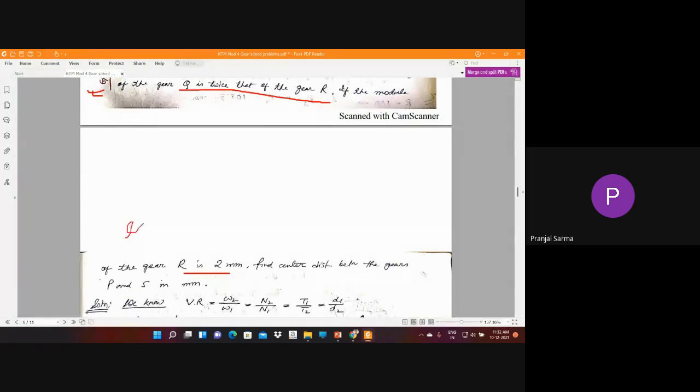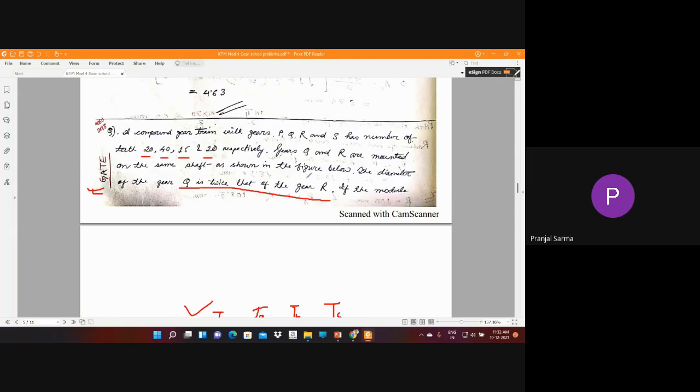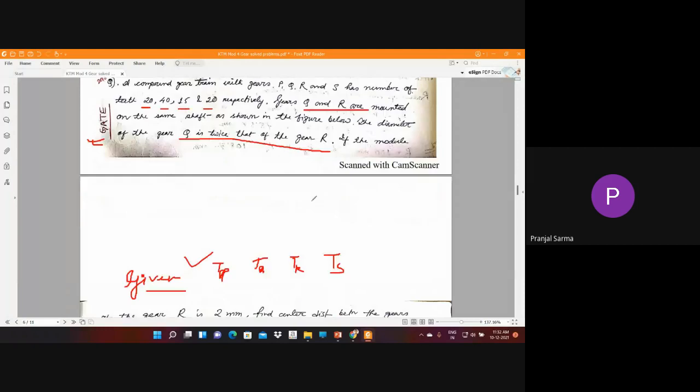So you first write down all the given data. While solving, you find out the given data. TP is given, TQ is given, TR is given, and TS is given, the number of teeth in all the gears. Next, Q and R are on the same shaft, which is already in the figure.